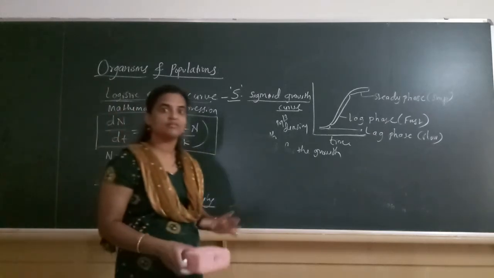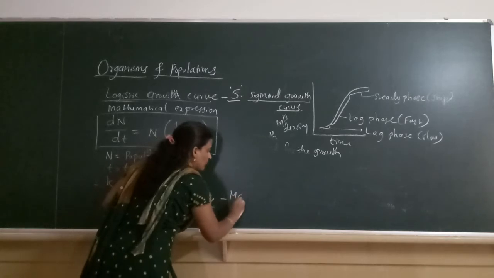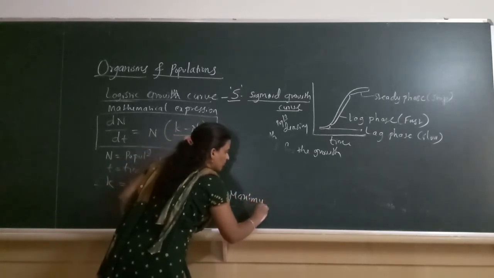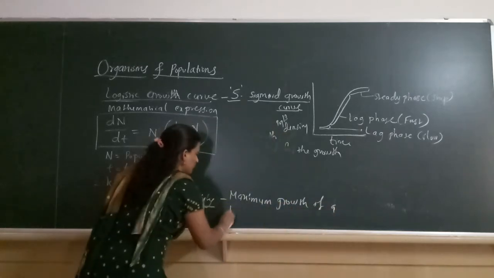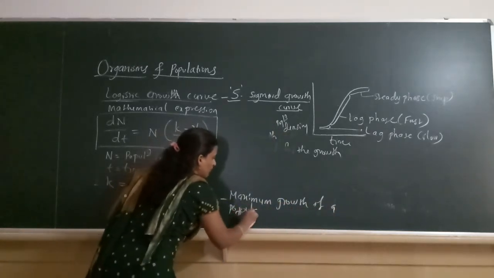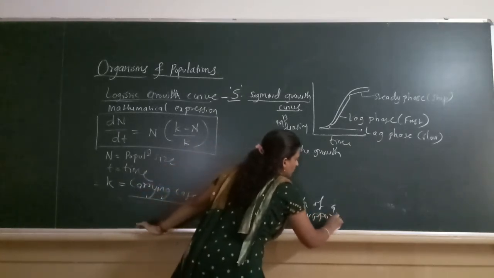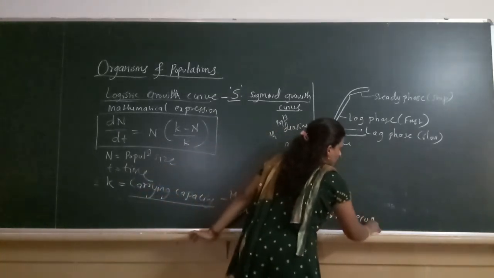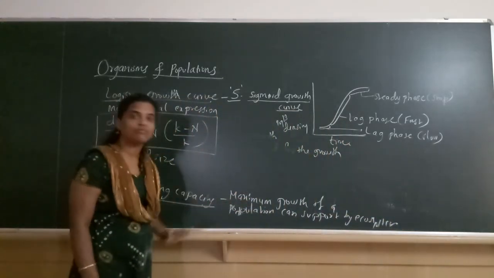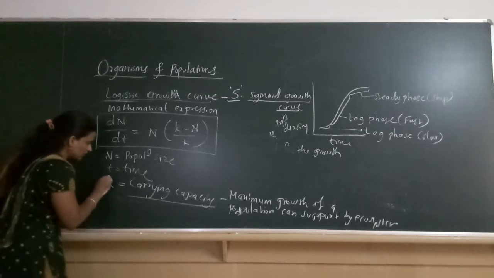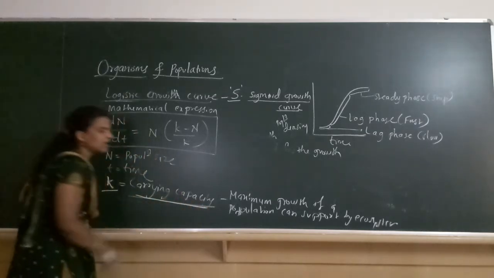Okay, maximum size of a population, maximum growth of a population that can be supported by the ecosystem. Means the ecosystem is going to support the maximum growth of a population, and that is represented by K. Okay, that is called carrying capacity.